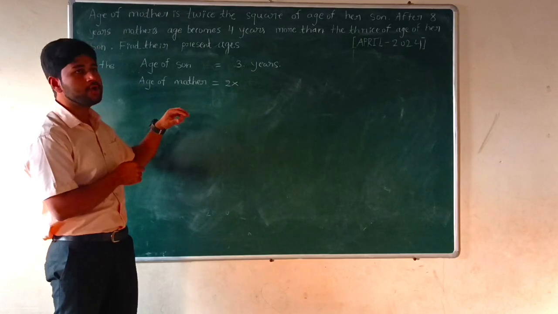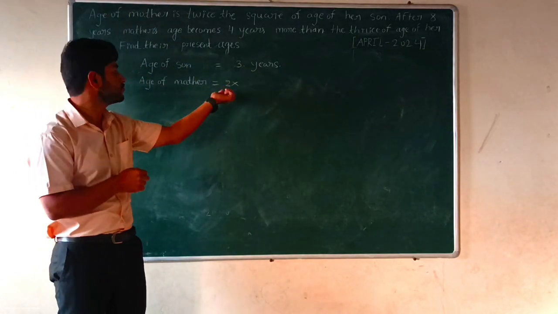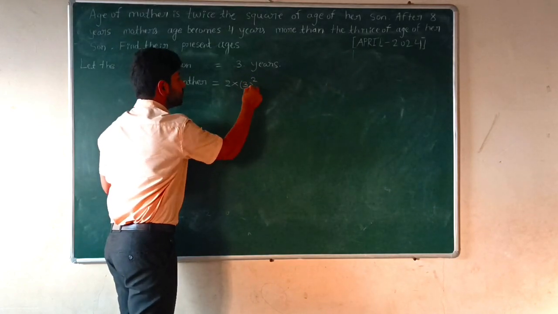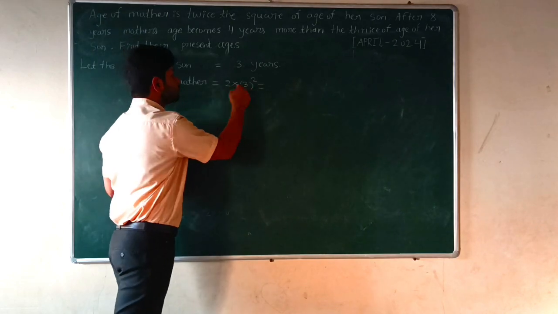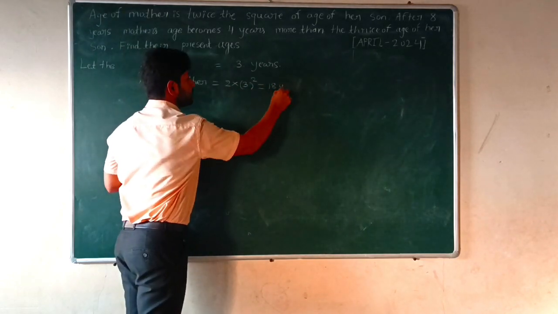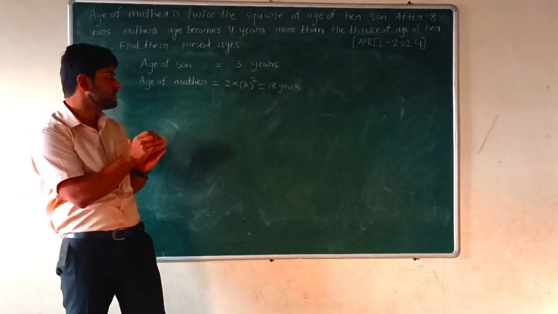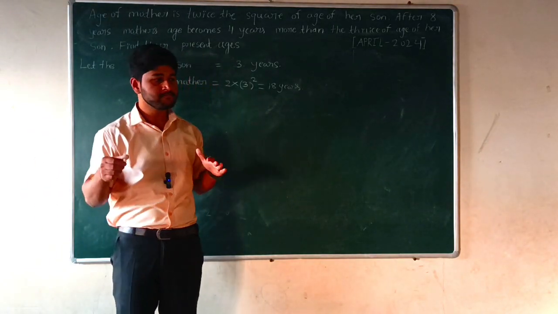The age of son is 3 years, so I have to multiply 2 to square of 3, so that is 3 square. That becomes 2 times 3 square, which is 2 times 9, equal to 18. So what we have to understand here is we can easily find the age of the mother by knowing the age of the son.